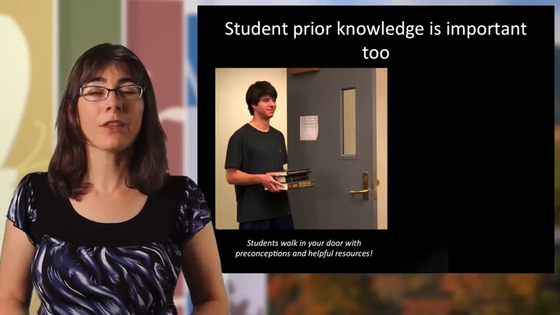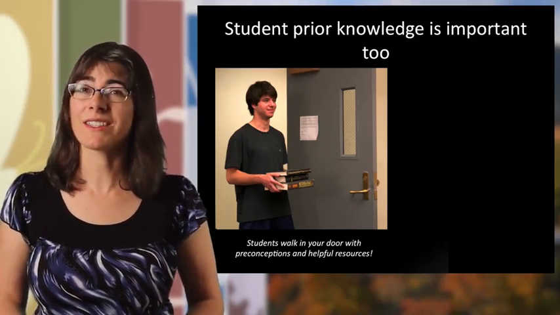It's also important to remember that your students walk in the door with existing ideas. My name is Victoria Hand, and I teach undergraduate and graduate students theories of learning and knowing in STEM: science, technology, engineering, and mathematics. Research shows there's often a mismatch between what we think we're teaching and what students are learning.